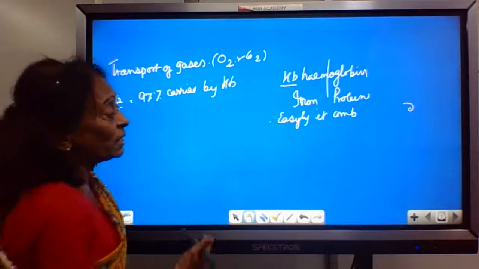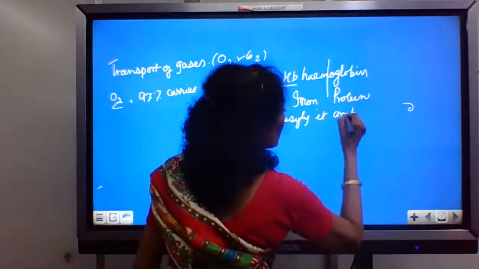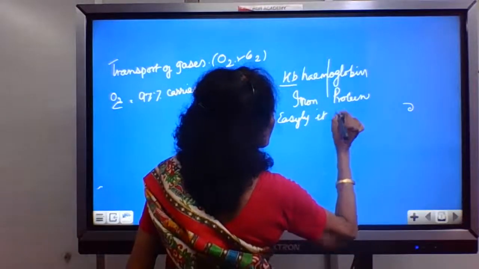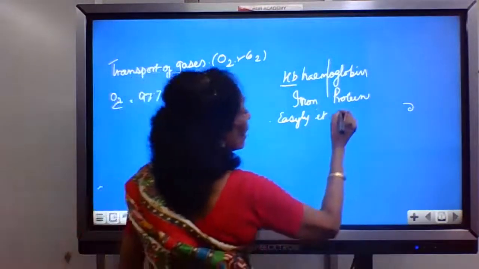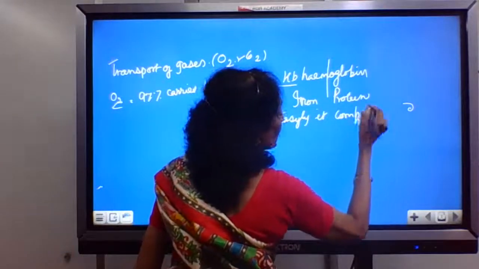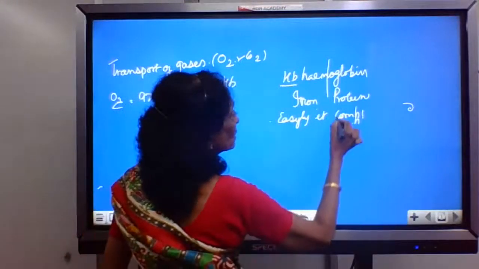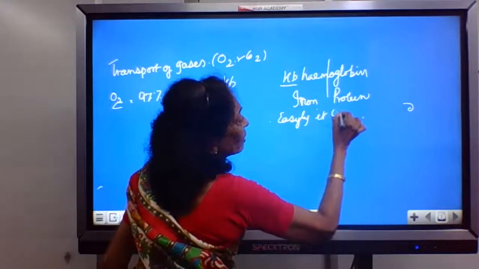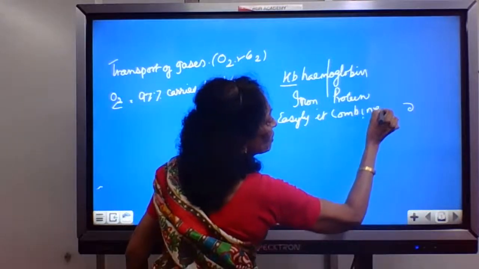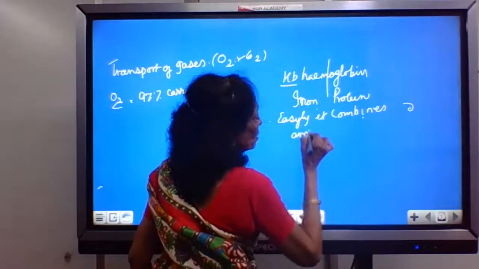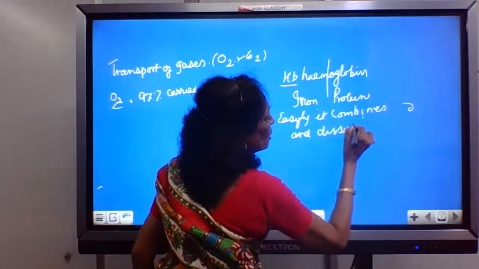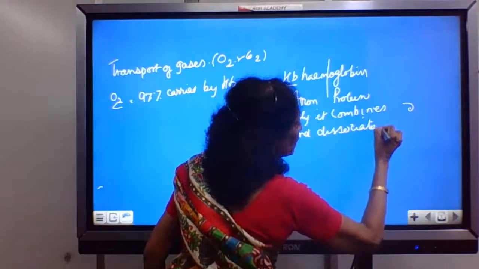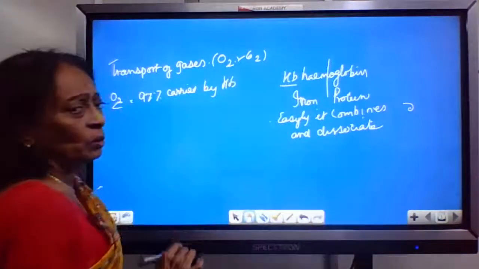So it easily combines and easily dissociates. Dissociate means separate. Association, dissociation with the gases, oxygen as well as CO2.